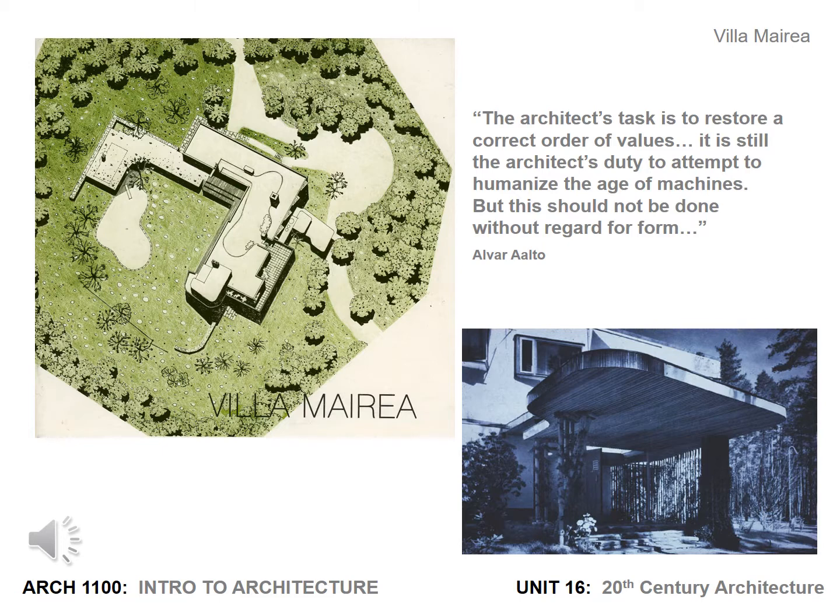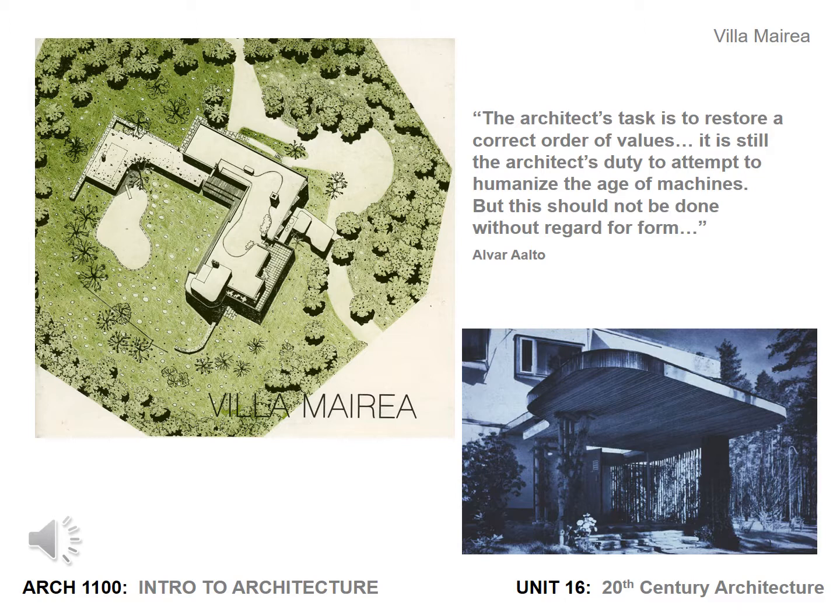Aalto's quote on this page really sums up these three ideas. He says, "The architect's task is to restore a correct order of values. It is still the architect's duty to attempt to humanize the age of machines, but this should not be done without regard to form." You can see in this quote, Aalto is still influenced by the idea of the morally correct architecture of the International Style, this idea of restoring the correct order of values through architecture.